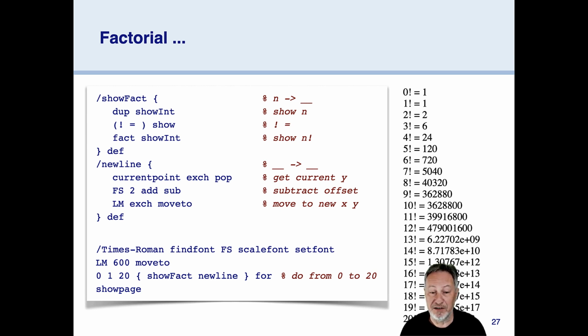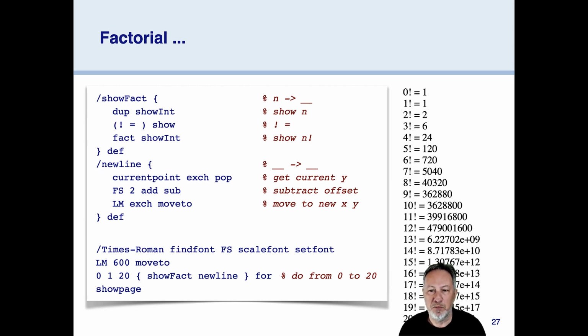So here's yet another procedure, newline. So newline will advance us one line down from where we currently are and move us to the current indentation, that is, our left margin.